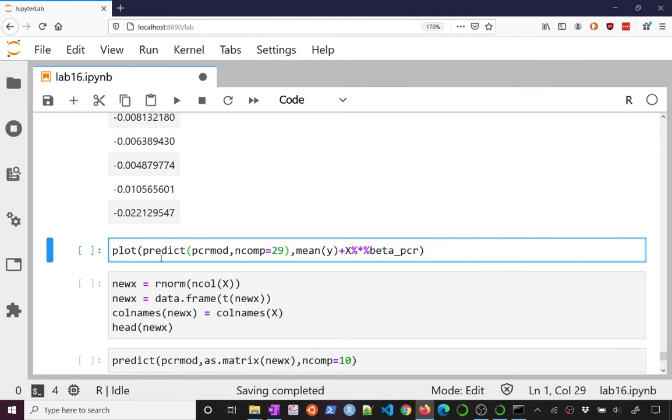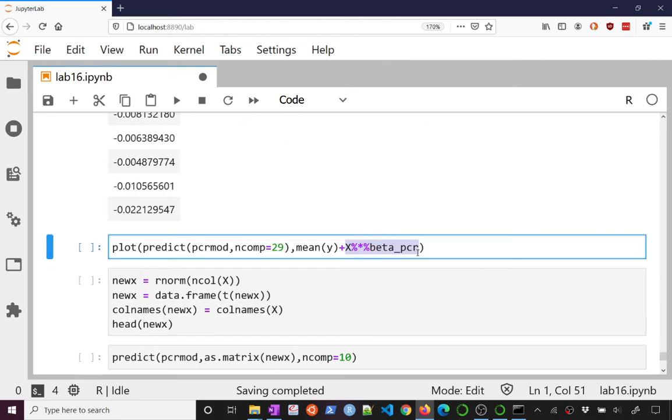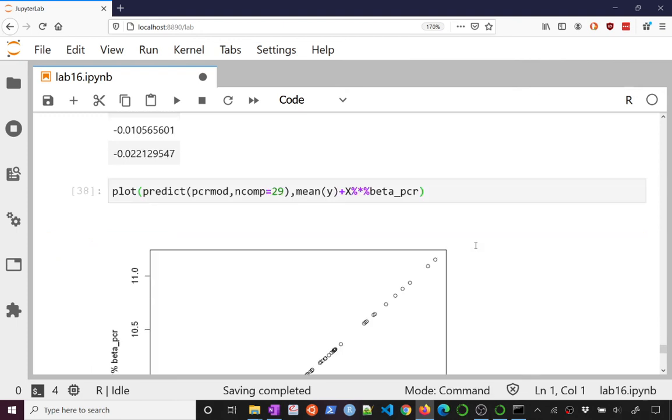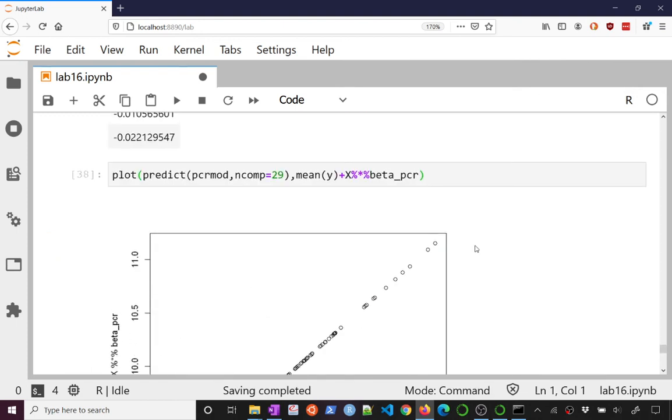You could alternatively hand calculate these things, right? It's just X times beta, right? So beta PCR is basically the coefficient where if I multiply it by X and I add on my mean here, that should give me the exact same predictions. That's another way of calculating by hand, right?